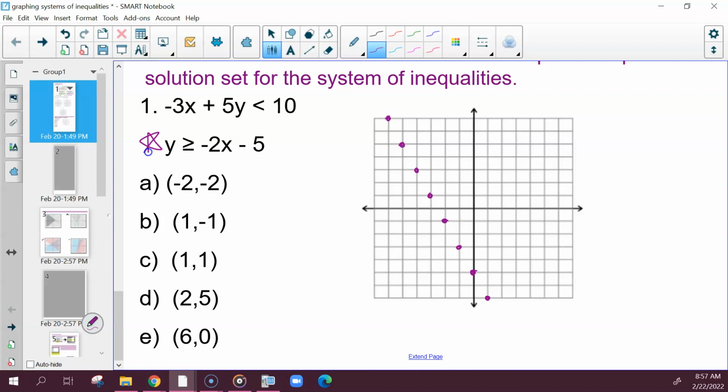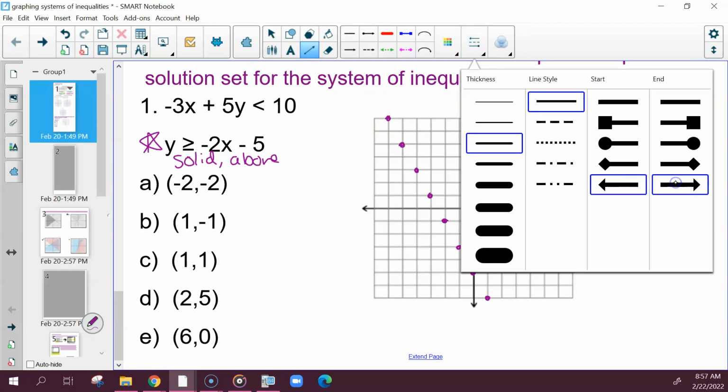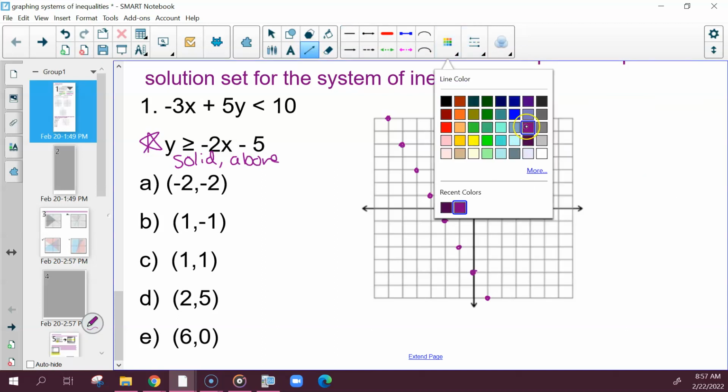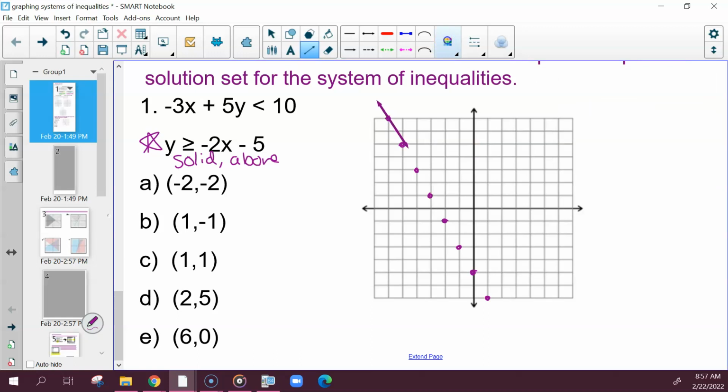Would this be a dash or a solid line? Solid. Shaded above or below? I'm going to go ahead and make my line. Make sure your line has arrows, as all lines continue on forever and ever in both directions.